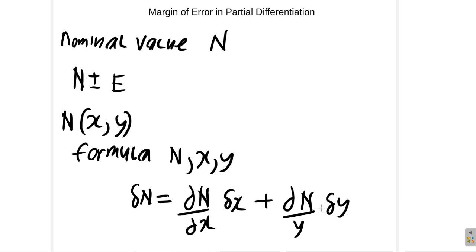And then you're going to use this formula. You're going to find the partial derivative of n with respect to x from the formula that relates n, x, and y. Then you find the partial derivative of n with respect to y from this formula that relates n, x, and y. You're going to multiply it by the plus or minus value of x and the plus or minus value of y.